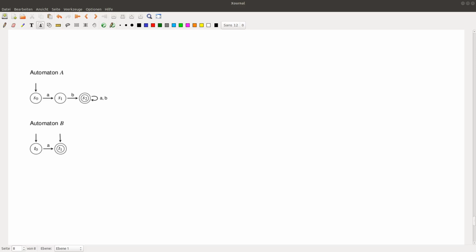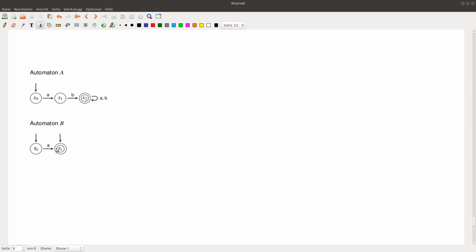For the second example, we consider the automaton which describes the words starting with AB again. And as a second automaton, we now consider another one. This automaton accepts the empty word, and it accepts the word consisting just of the letter A. So a very simple language is described by automaton B, but we see we have no word described here that starts with AB.